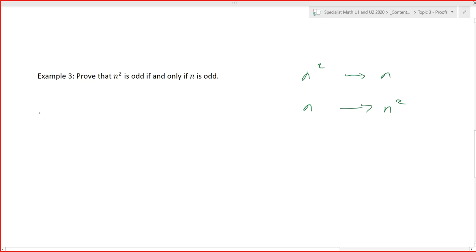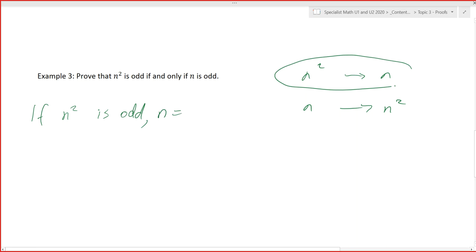Okay, so if n squared is odd, n, so this is the first one, n is equal to 2 times the number plus 1.